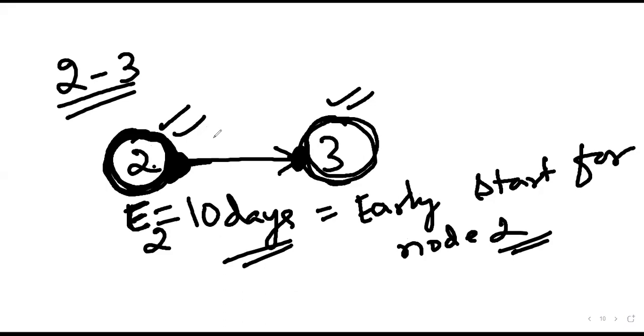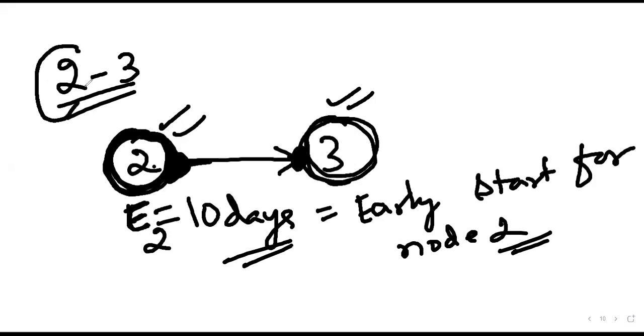If anyone has not understood, I can explain this once again. But it's better we make it clear how to determine the early start, because this problem may come for 10 marks. If anyone has not understood, just ask and get it clarified. Not only for this problem, for every problem, this is how we consider the E2 calculation.